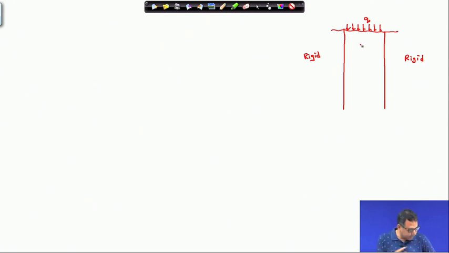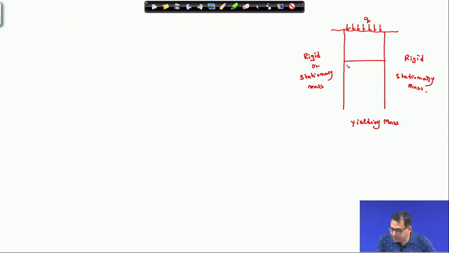This is the yielding mass, and this is the rigid or stationary mass. I am considering one particular strip.